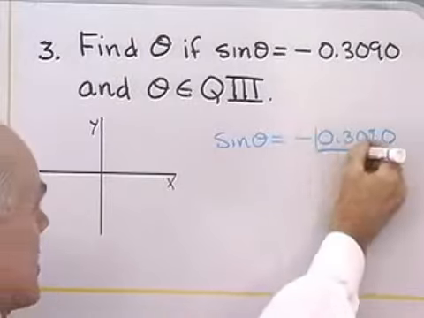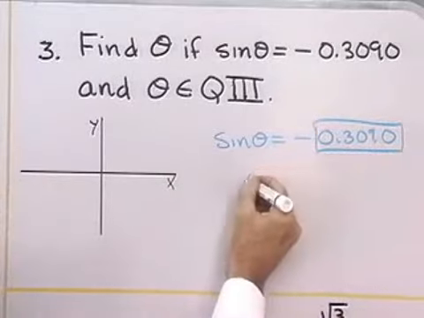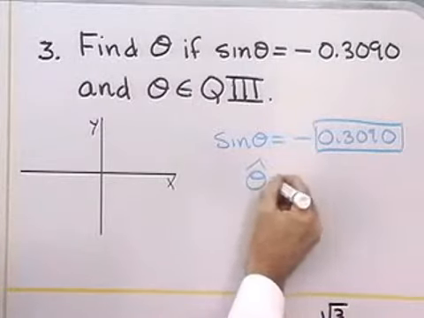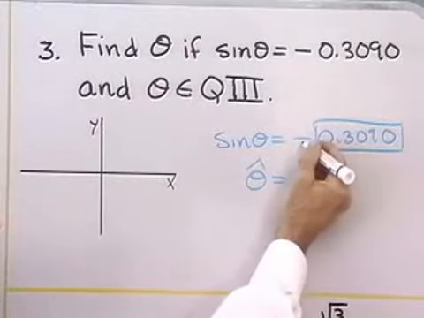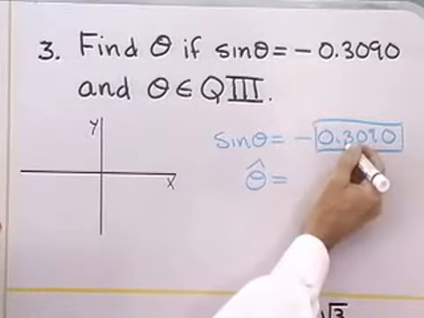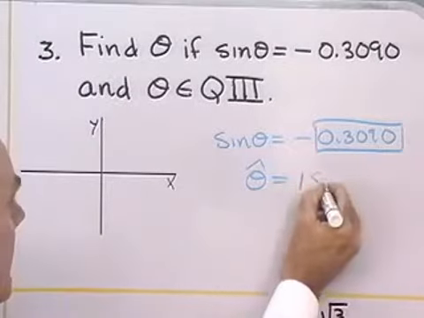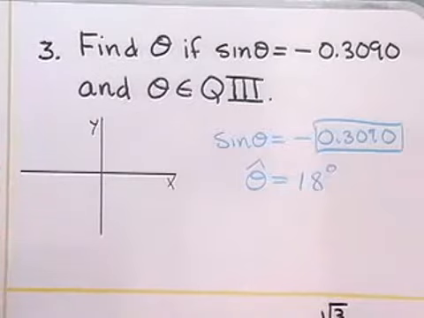Now I'm going to enter just this on my calculator, press my inverse sine button, and I'll end up with my reference angle. So if I just put the numerical part in without regard to the sign and press my inverse sine button for 0.3090, I'll end up with my reference angle, which in this case comes out to be 18 degrees. So that's what my calculator gives me.